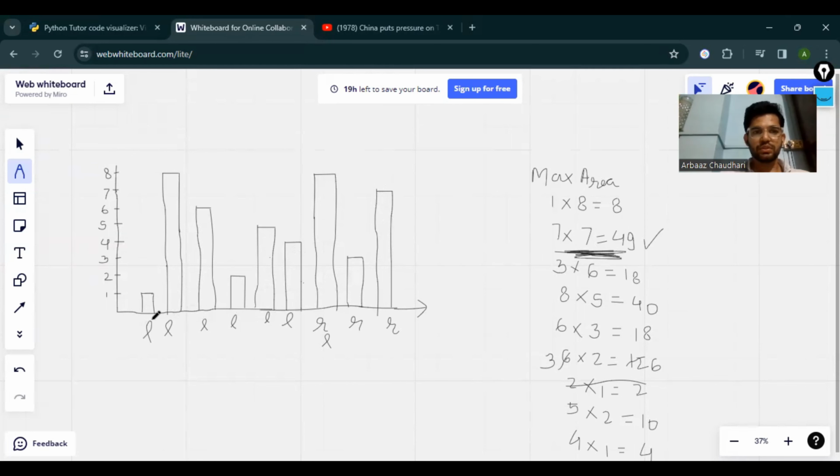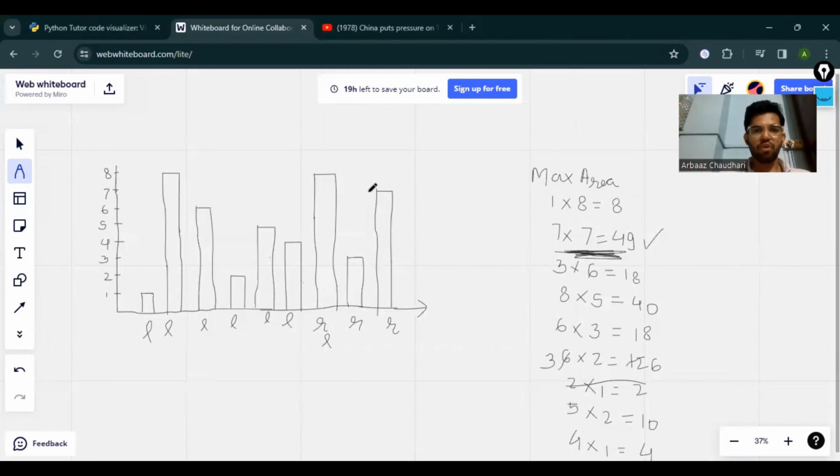I will then change my L. Which one was smaller of these two? This was the smaller, so I will shift L over here. Now L is pointing to this height and R is over here only.